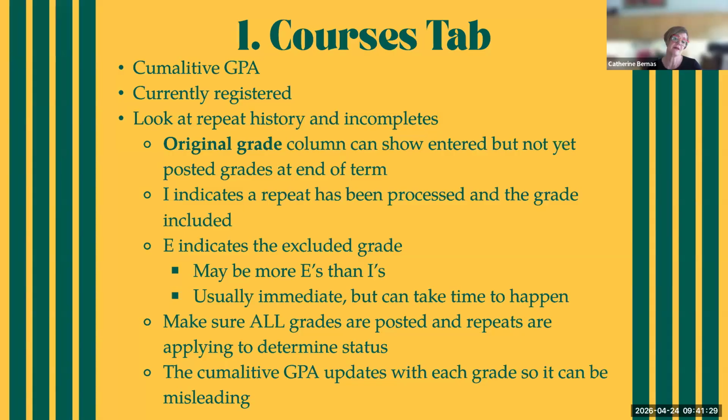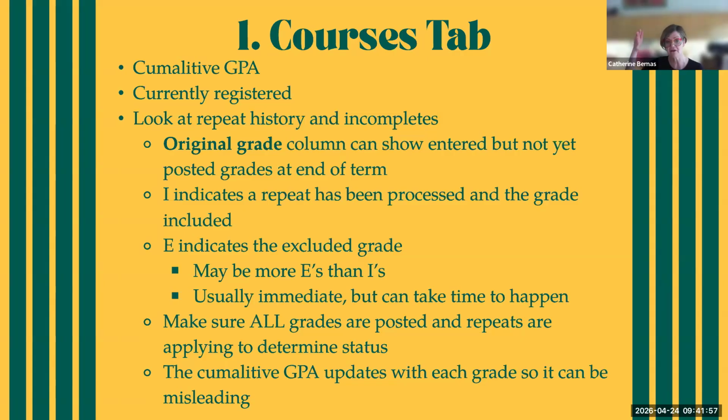I would also want to look big picture at everything the student has taken to see their grades and what things they've repeated already. Get a big picture understanding of where the student is, and how deep of a probation situation they might be in.